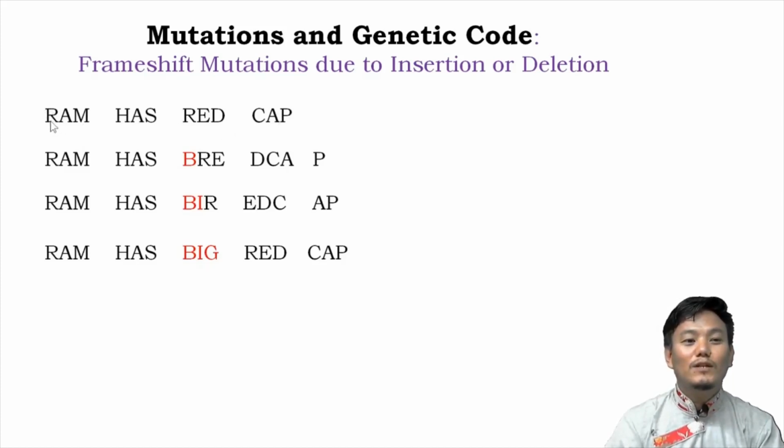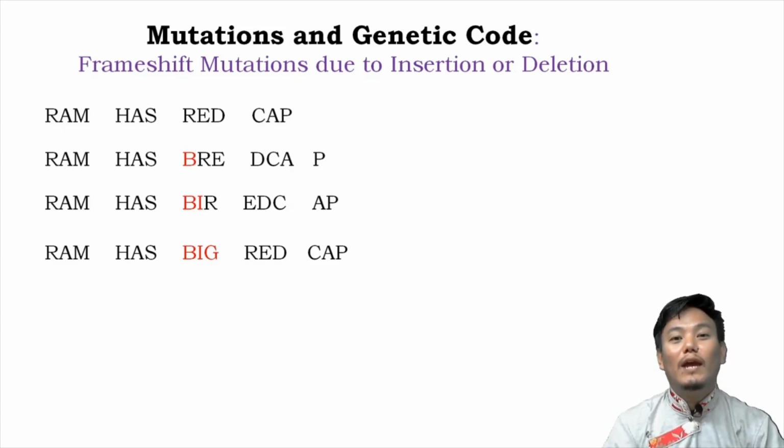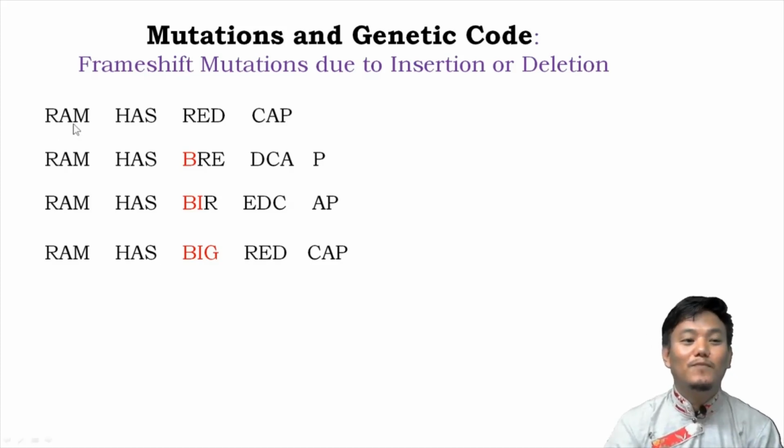Just like a genetic code, it is composed of 3 letters, right? Just like codons, each word is composed of 3 letters, and the meaning of each of these words is equivalent to a specific amino acid, right?